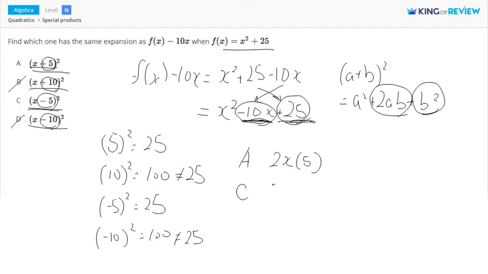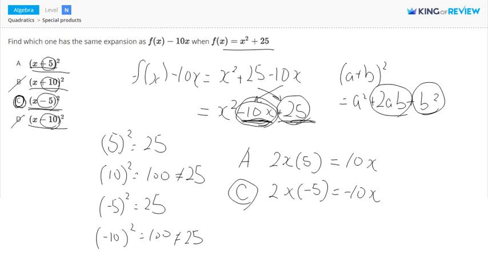It is 2 times x times negative 5. Well, this is going to come out to 2 times 5, which is 10x, and 2 times negative 5, which is negative 10x. So you want the negative 10x, and that's why you know that this one, option C, is your correct answer.